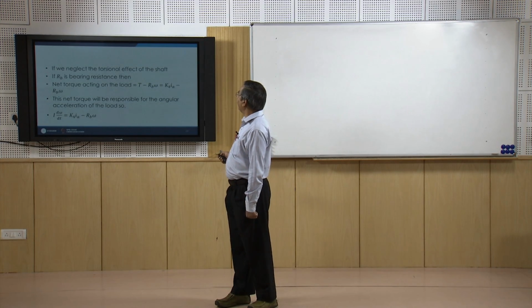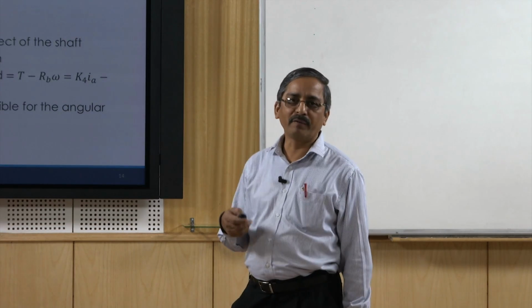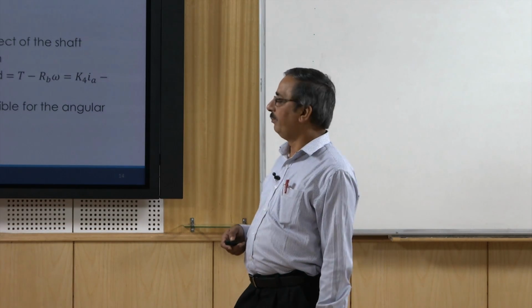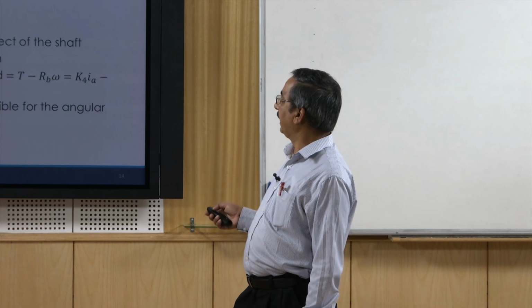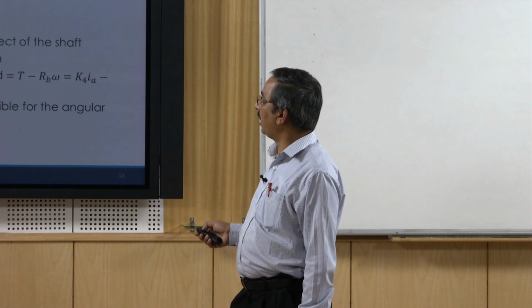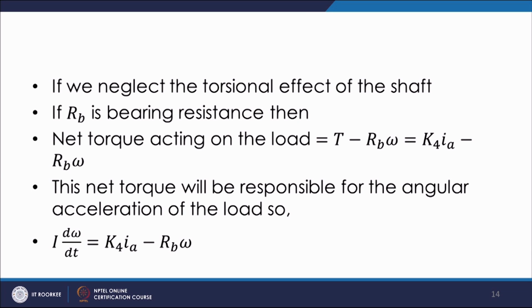So, if we neglect the torsional effect of the shaft, of course, if you want we can model that also, but let us make the problem simpler. I neglect the torsional effect of the shaft. If I represent RB as the bearing resistance, then the net torque acting on the load is T minus RB into omega.